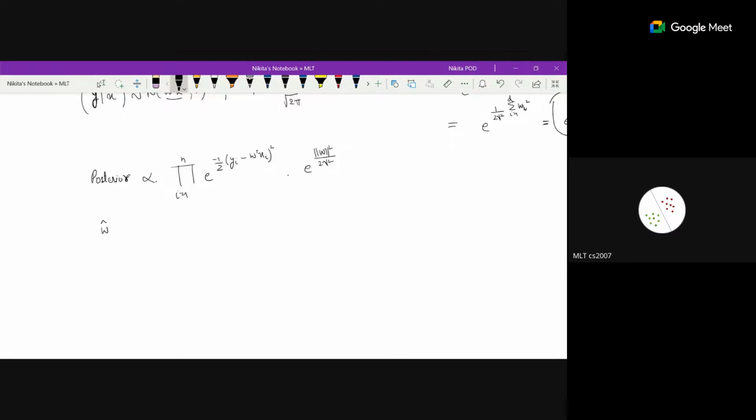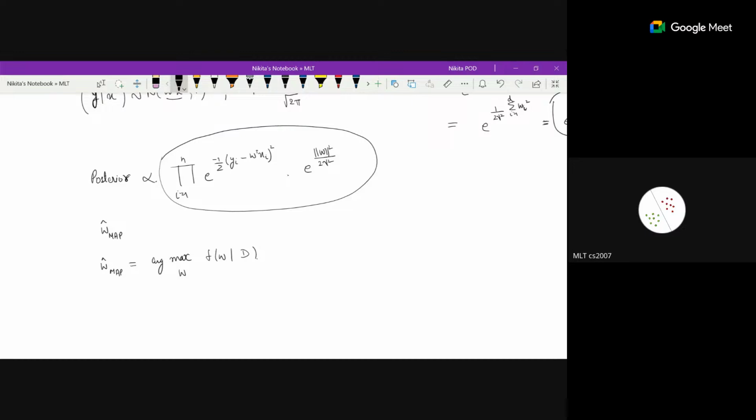One is we can find the expectation of this distribution, or we find the mode of this distribution, which is the maximum a posteriori estimate. Since we don't know the distribution of this, we can find the MAP estimate of W. So we know that my W hat MAP is nothing but the argmax of my posterior, f of W given my data set, over W.